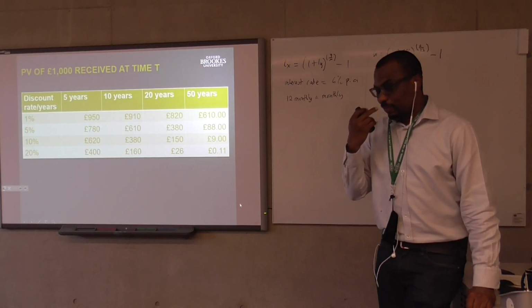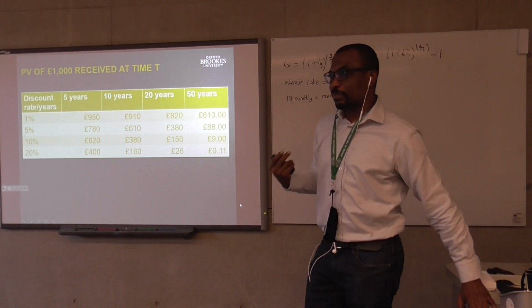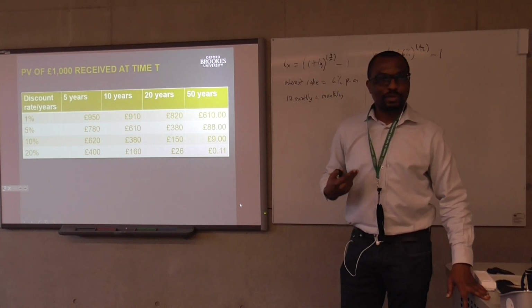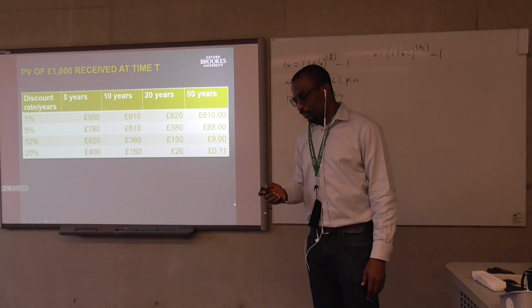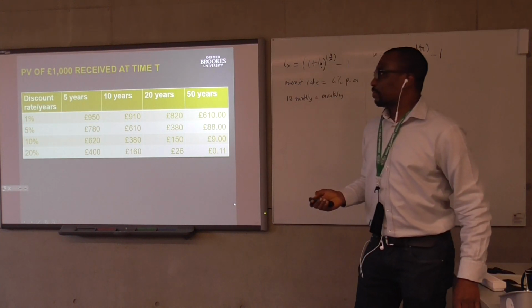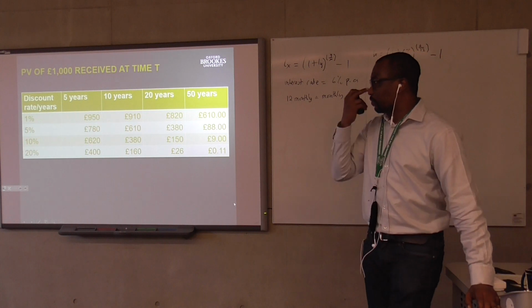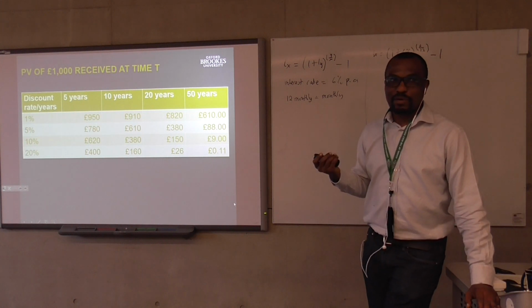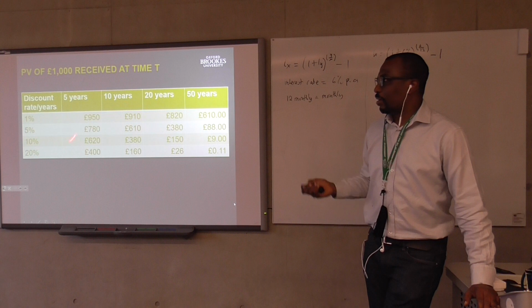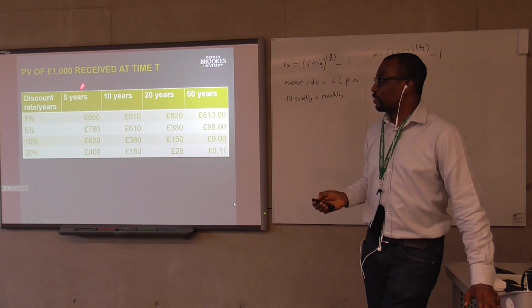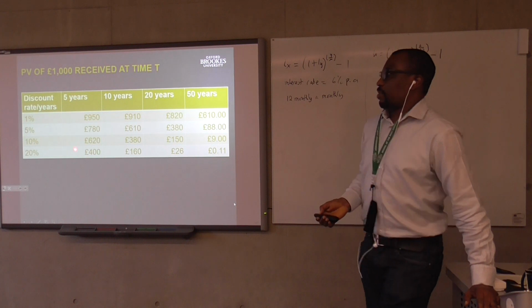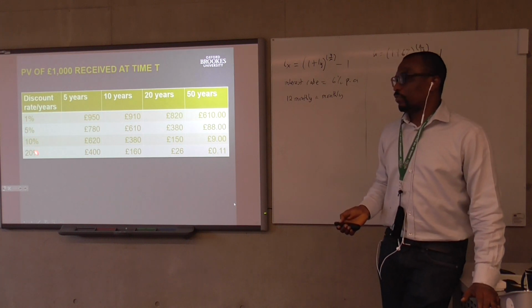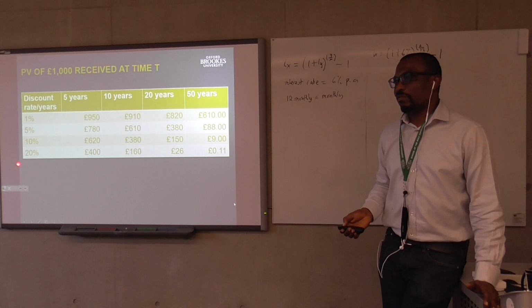So typically, when evaluating projects, it's always best to convert whatever your incomes are into the present value. For instance, if you wanted to receive £1,000 in 5 years, and maybe you had an interest rate of 20%, how much should you invest now?